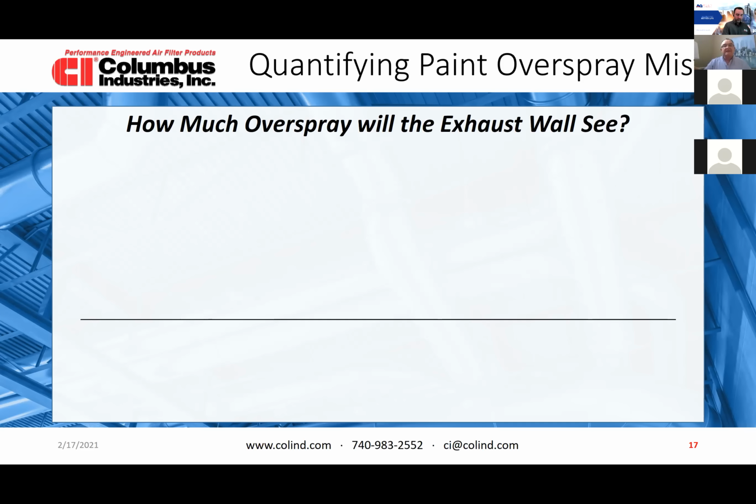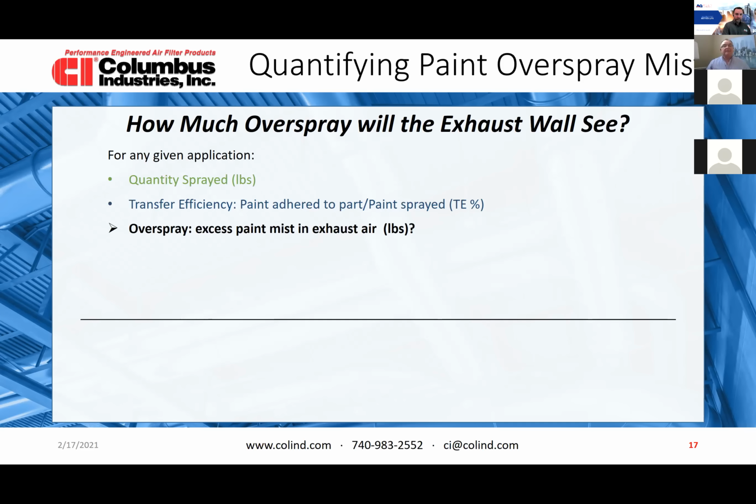And that is very straightforward. You have the quantity sprayed in pounds, and the transfer efficiency of the paint that's adhering to the part, measured in percentage. The overspray is the excess paint in the airflow or airstream that's not on the part, and that's what we're dealing with here.